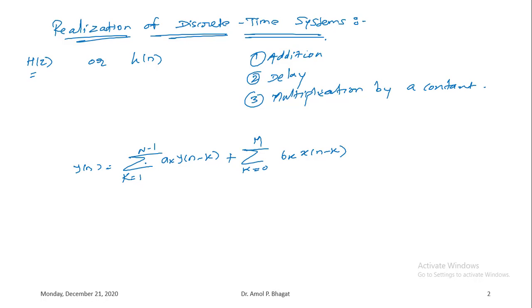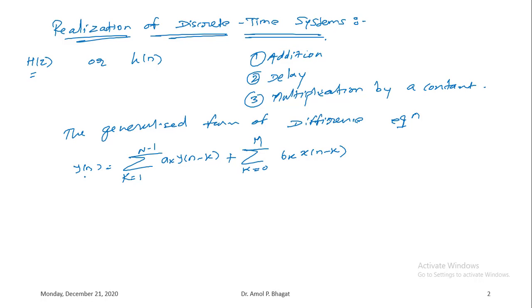So here you can observe that we have already seen this form of difference equation. This is nothing but the generalized form of difference equation. So it generally specifies the input-output characteristics of the given discrete time system.